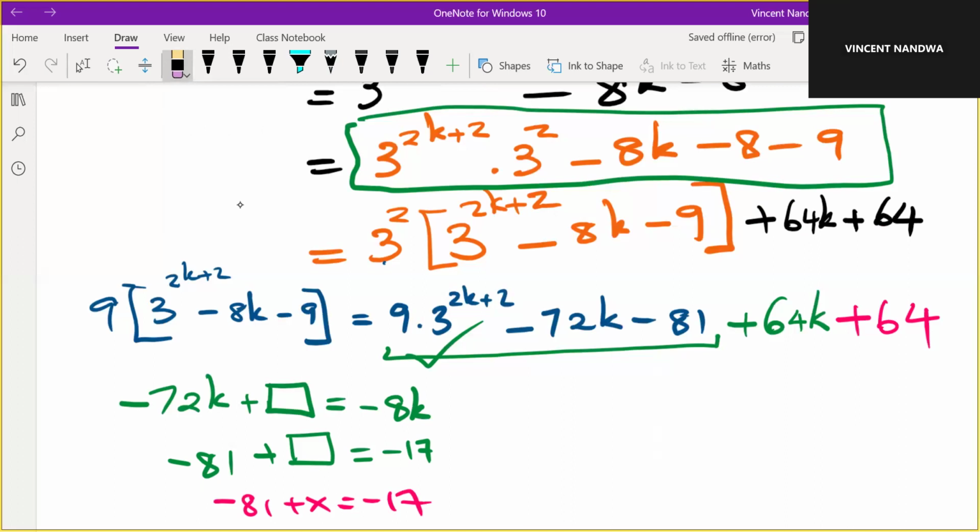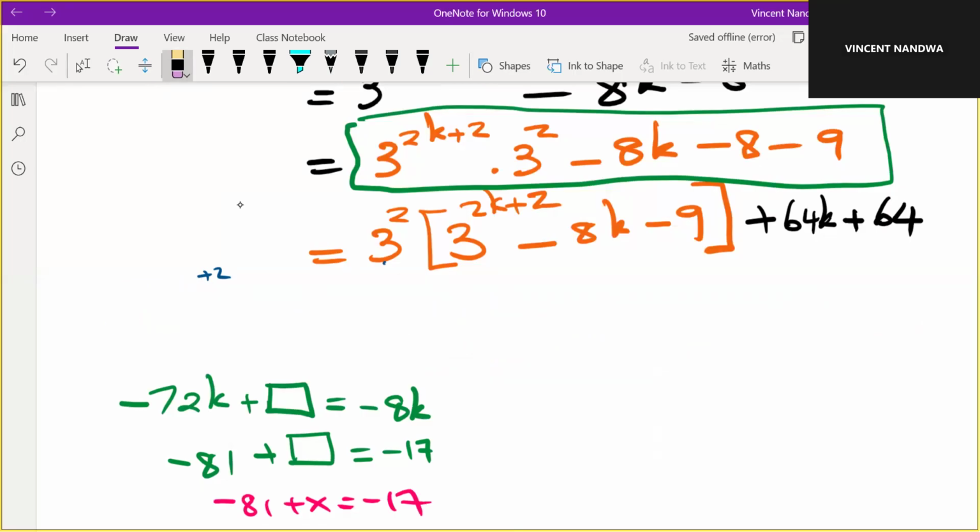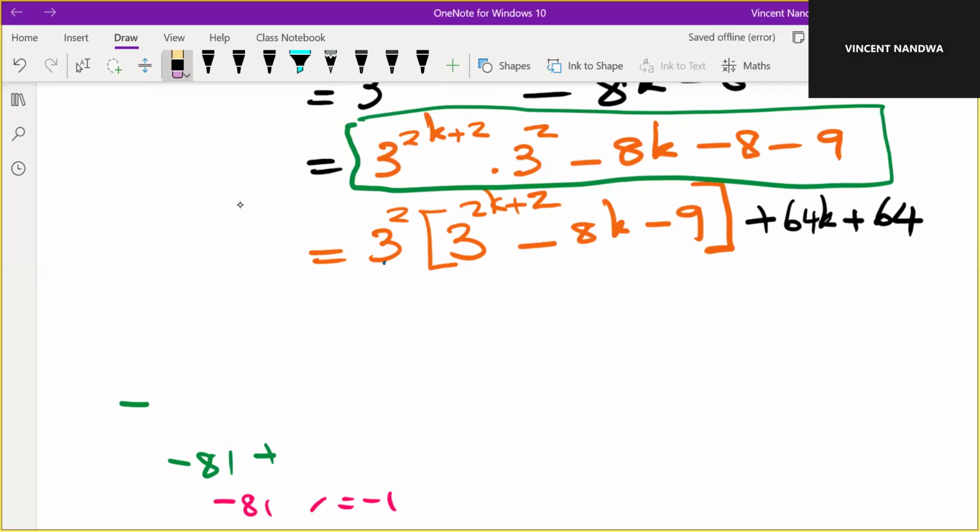And the reason why I wrote this bracket here is because from the previous assumption, we say that the expression 3 power 2k plus 2 minus 8k minus 9 is always divisible by 8, yeah. So 3 squared is 9.